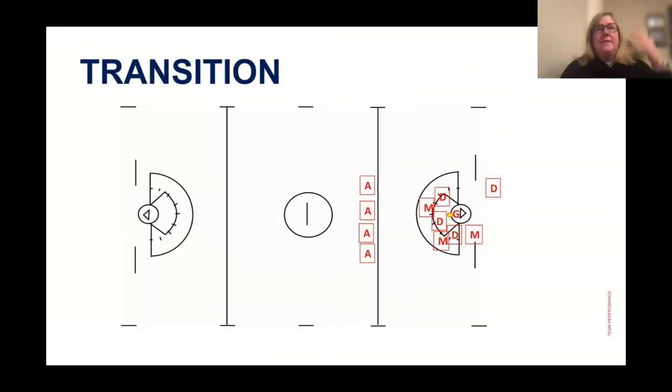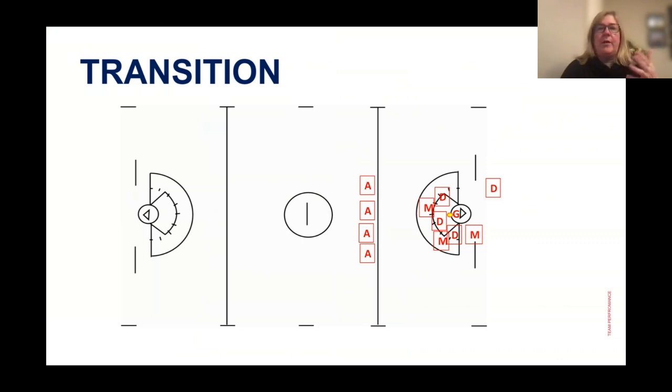So, thoughts about transition. This is, I think, a very typical diagram of what happens after a shot. Okay, so here's your team. The other team, you're on defense here. The other team has taken a shot, and this is kind of where everybody is at that moment.